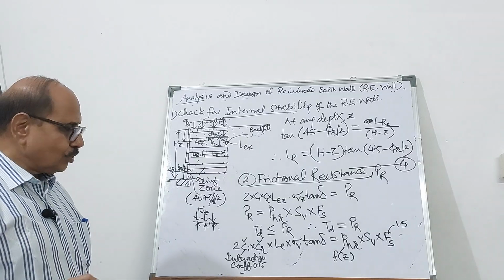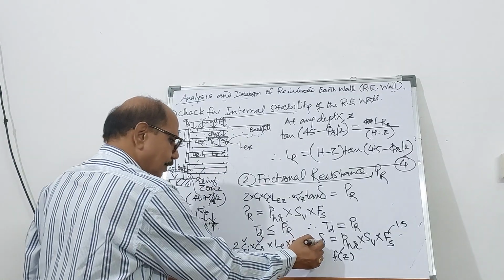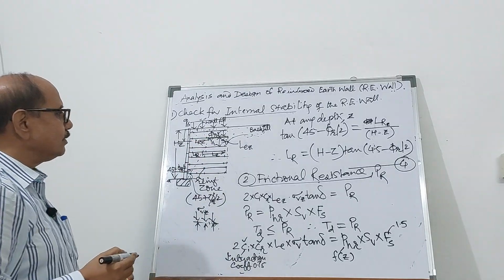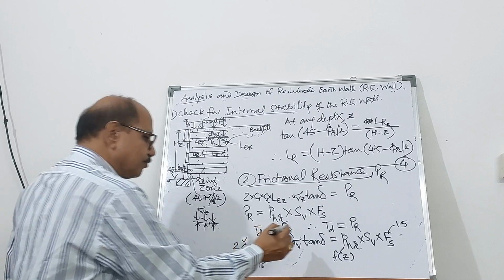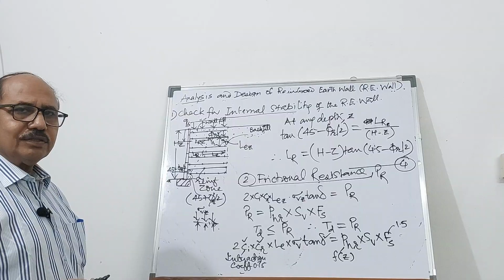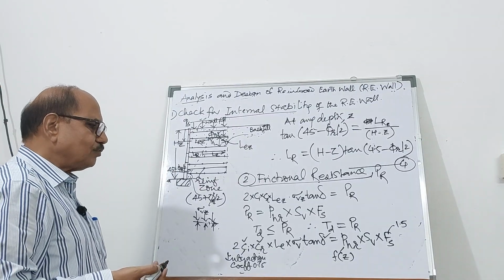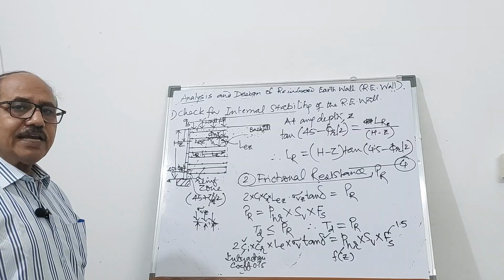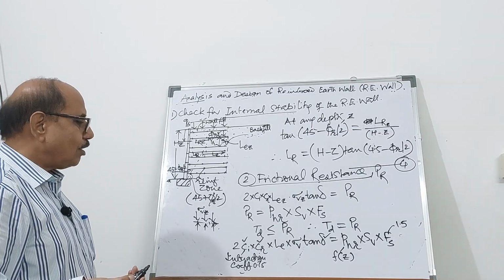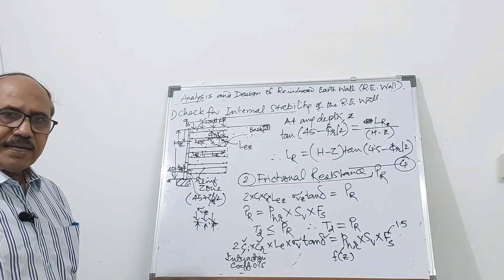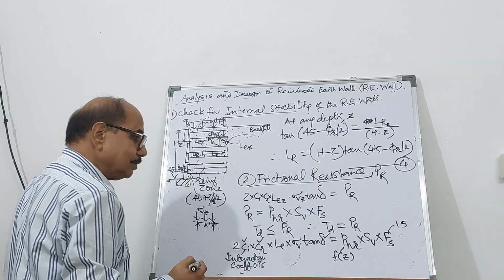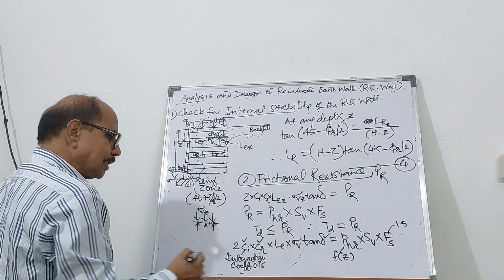From the pull-out test, you can find out the angle of wall friction between the wall fill material and the reinforcing element. Therefore, delta is known. Or you can assume it depending upon the texture, roughness of the reinforcing element. Delta could be at the max phi, or the lesser value will be 2/3 of phi. So what is the length required at different depths can be found out.